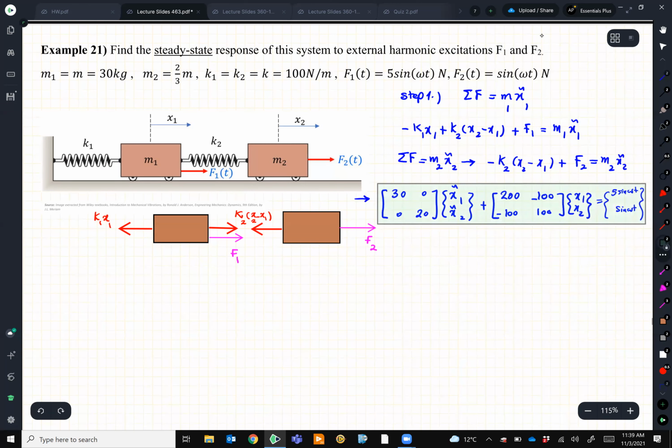We discussed how you can quickly check to make sure they are correct. Your mass matrix is decoupled here in this system, 30, 20, so correct. Your stiffness matrix is the sum of the stiffnesses and so on, and the off diagonal terms are negative, so everything seems to be correct.